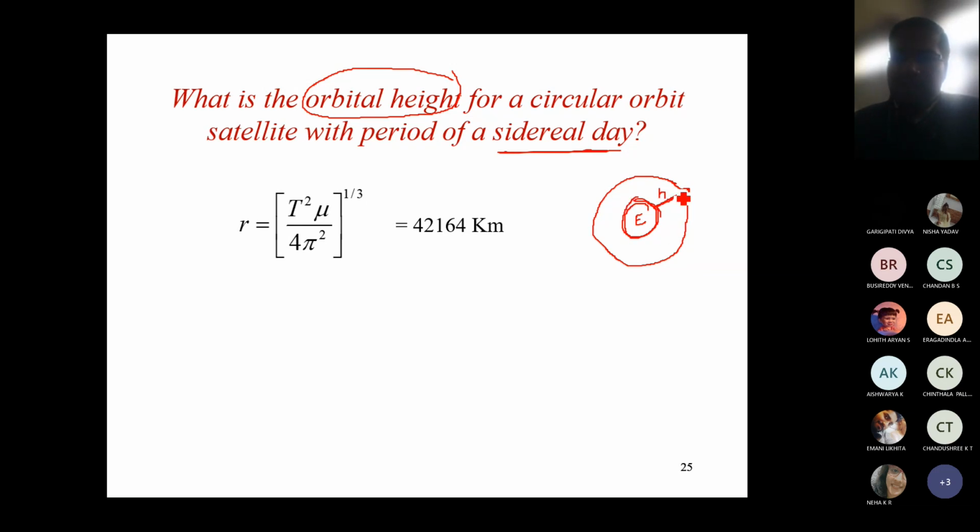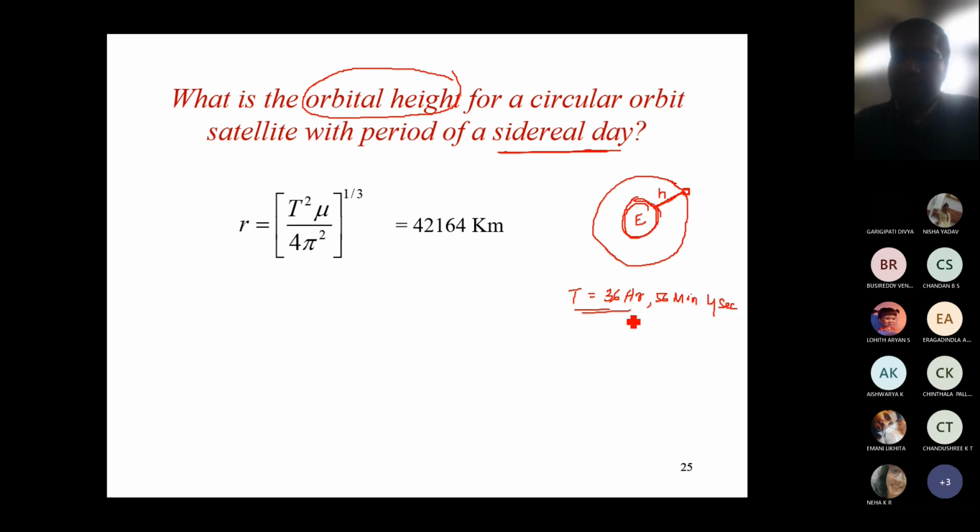So what is given? The time period of the satellite is one sidereal day. That means to complete 360-degree rotation, this satellite takes one sidereal day of time. That means T is equal to 23 hours 56 minutes and 4 seconds.